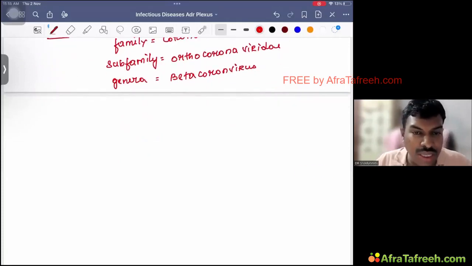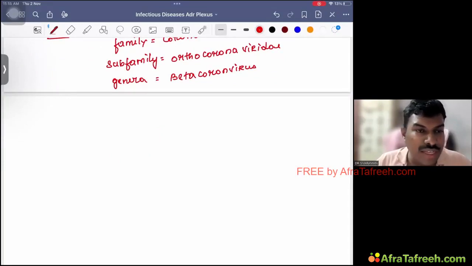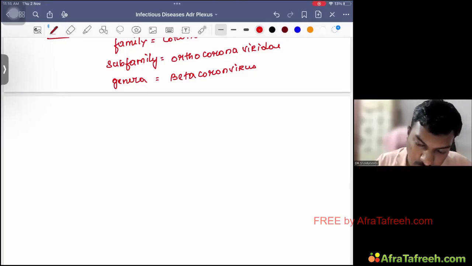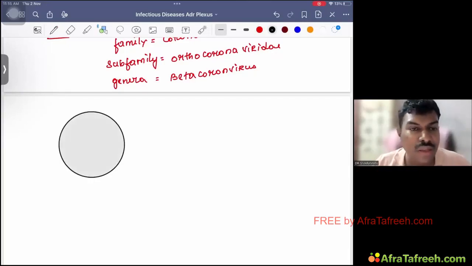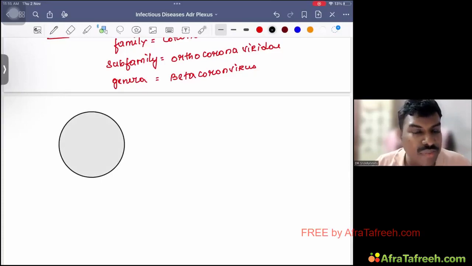What is the structure of this virus? This virus is a spherical virus, and it has a surface protein.